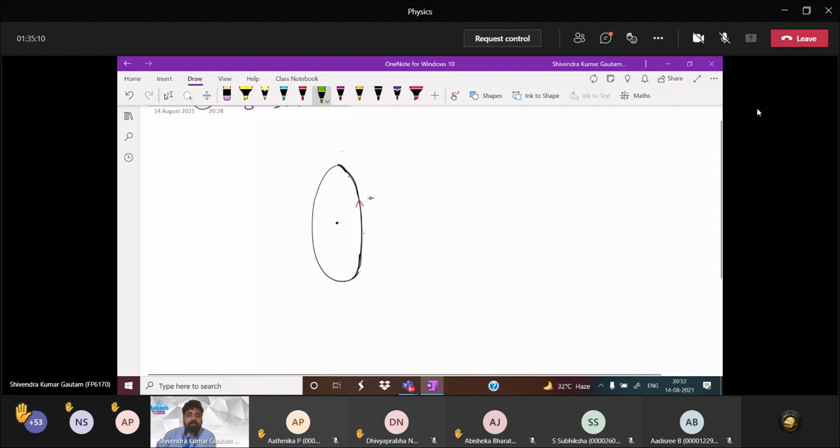First we have to focus on this. Its axis is in which direction? Tell me. X direction. This is the axis, the x-axis. At x distance away, somewhere here, we are going to calculate the magnetic field.